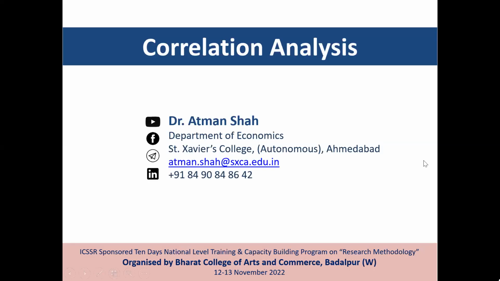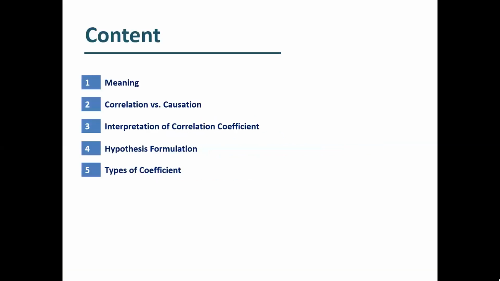Okay. So let's try to understand the idea of correlation analysis. What is the meaning of correlation analysis? Difference between correlation and causation, interpretation of correlation coefficient, hypothesis formulation, and some useful coefficients.